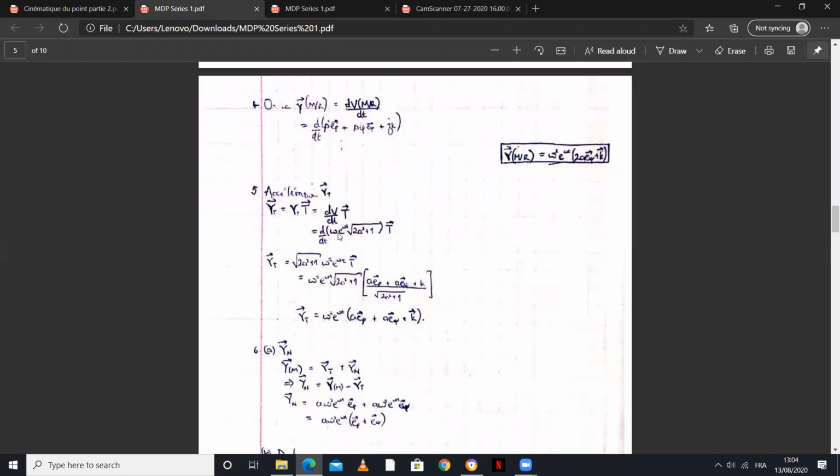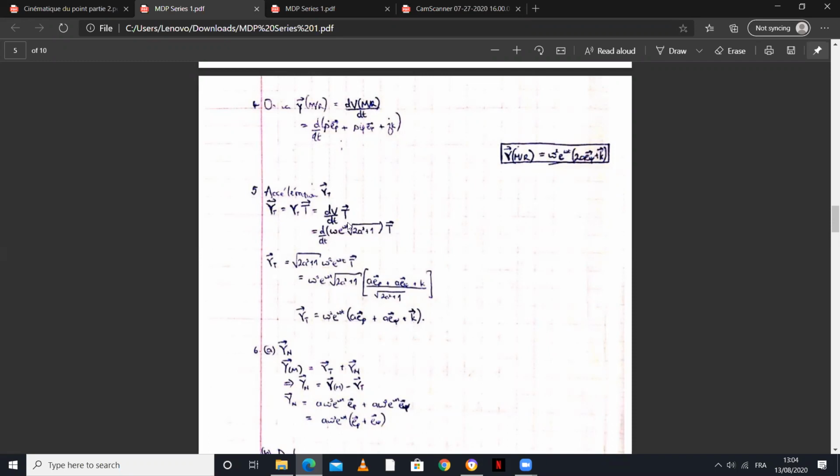What's going to concern us is just the exponential omega t, because it's not constant, it contains t. So now the derivative of exponential to the power omega t: when you're deriving exponential of a certain power, you first derive the power, then you multiply that derivative by your entire expression.